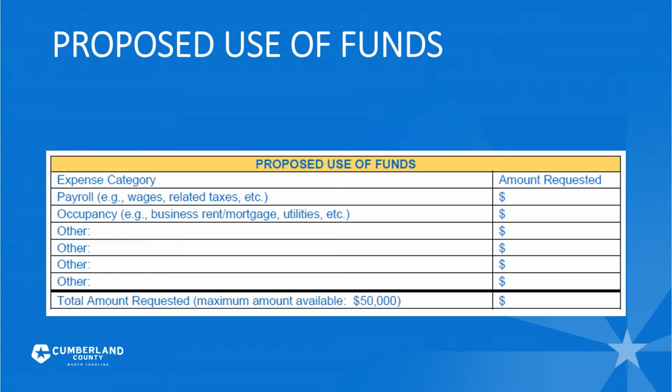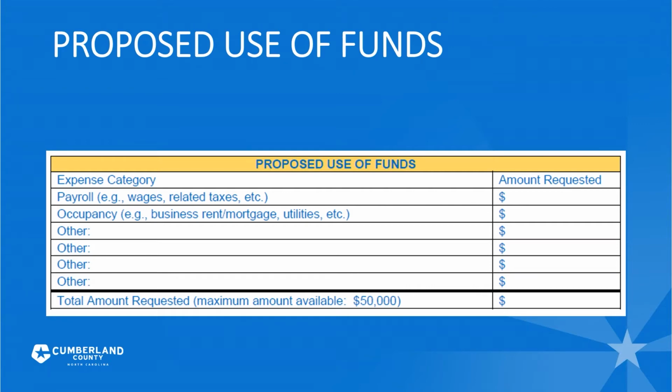We just request that you indicate what they are and then also include the requested amount of financial assistance requested up to $50,000. It's important for us to point out that your request needs to be tied back to the proposed use of funds.